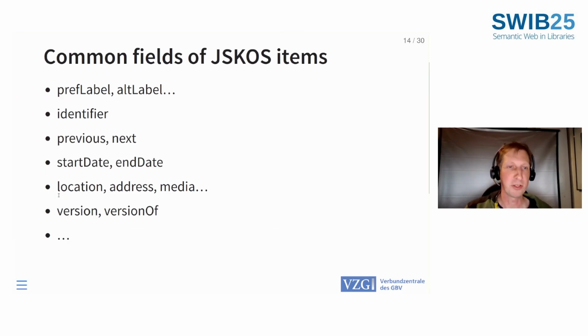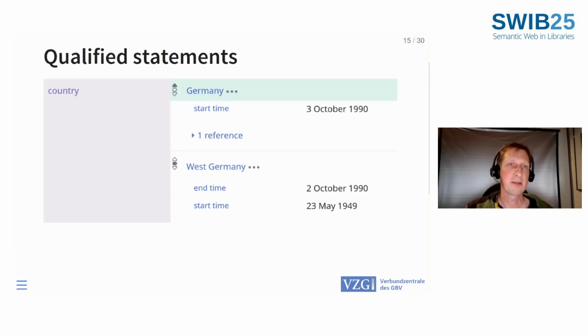They also wanted to define their own fields, or people came up with more and more fields, and I hesitated to extend the JSKOS format, because the JSKOS format should be some minimal version, and so we needed some extension mechanism, and the extension mechanism is qualified statements.